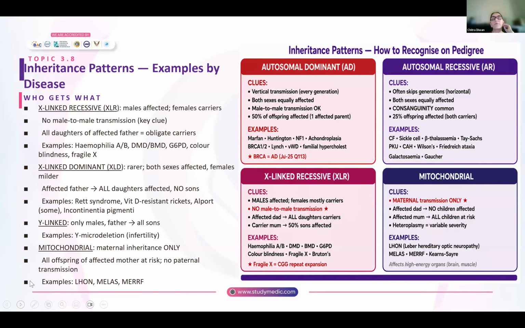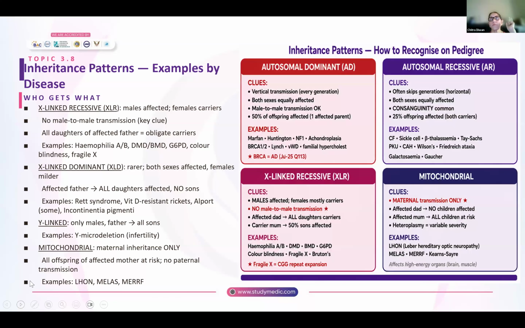Then mitochondrial inheritance. One thing that you have to remember about the mitochondria is that when fertilization is taking place, all the mitochondria from the sperm are destroyed, and whatever mitochondria we have, we inherit only from the maternal side.